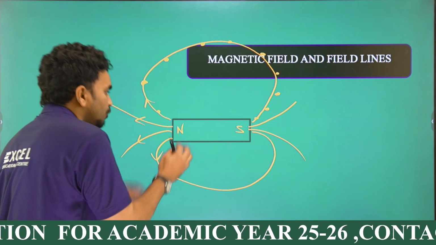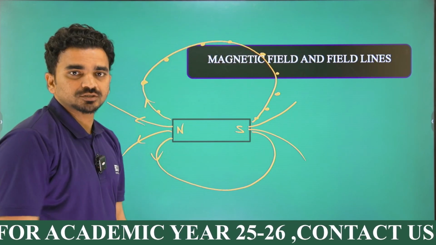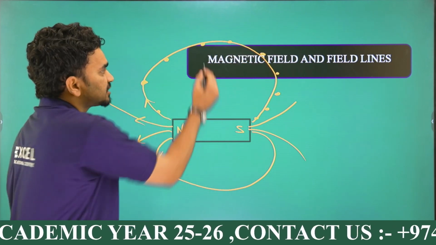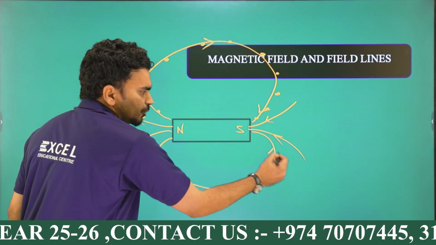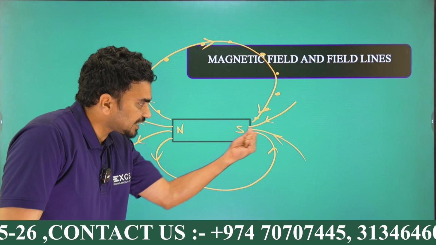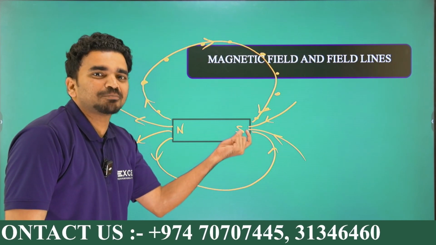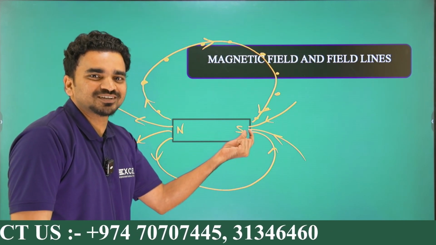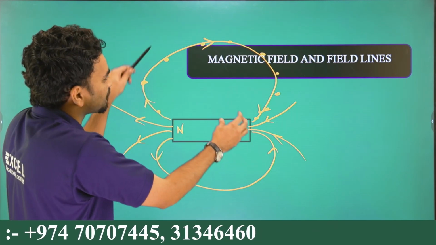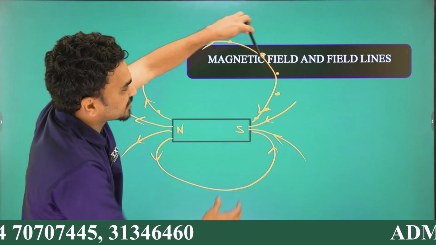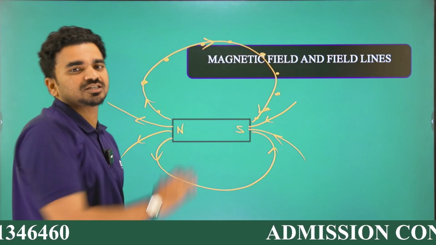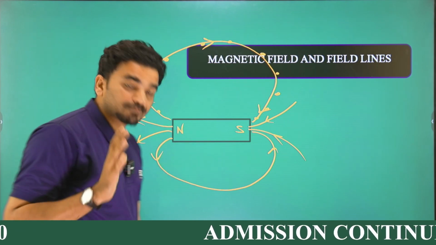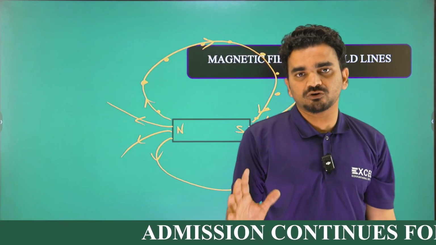This way the north pole of the compass moves. So that is the direction of magnetic field lines. Finally, the north pole of the compass meets its lovely partner, the south pole. You can imagine the north pole of the compass coming close and attracting towards the south pole. So it is merging towards the south pole. So this is the magnetic field lines picture of a bar magnet.